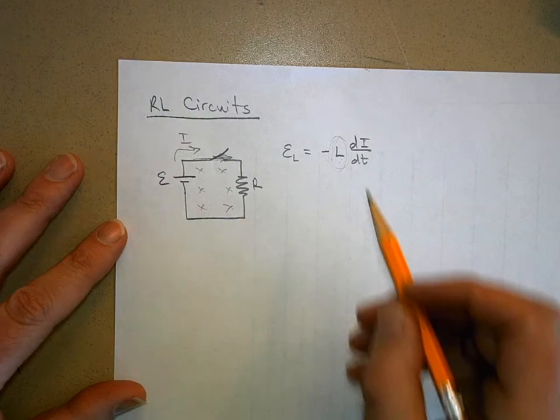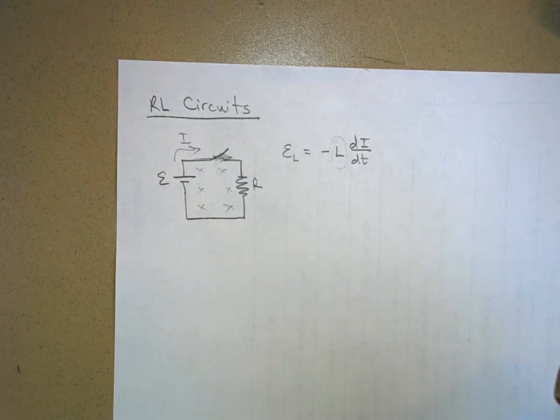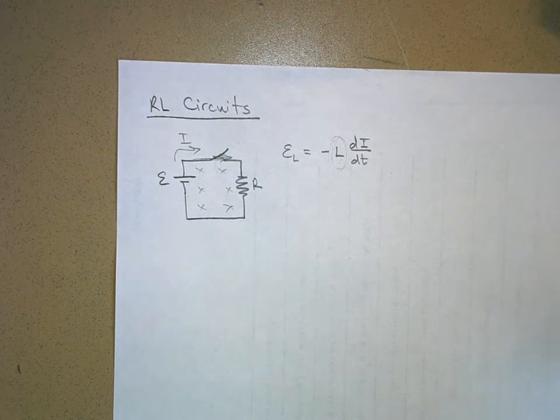So it's insignificant. We neglect it. In fact, that's what we did at first when we were talking about Ohm's law and we had circuits with resistors in them. We just ignored the self-inductance of the circuit because it was worth ignoring. It just wasn't doing anything.